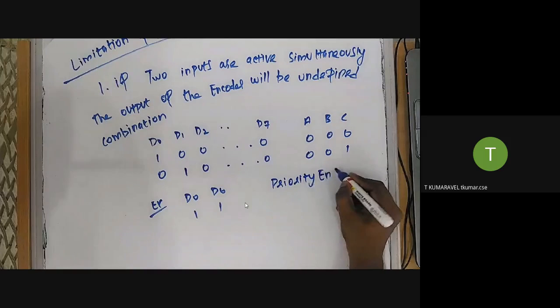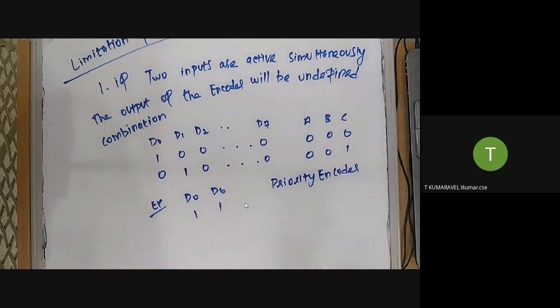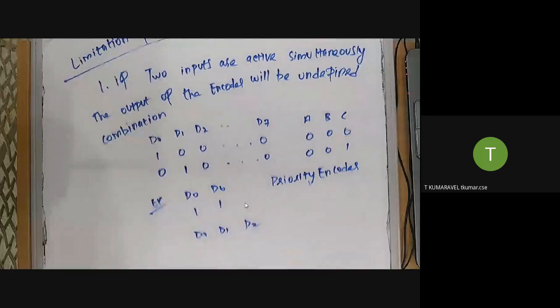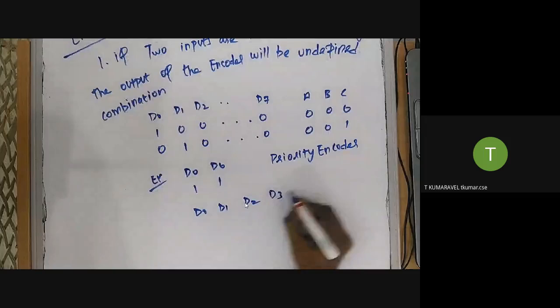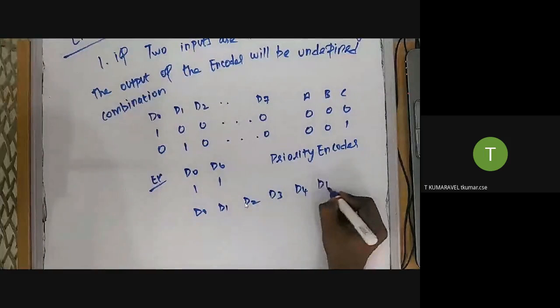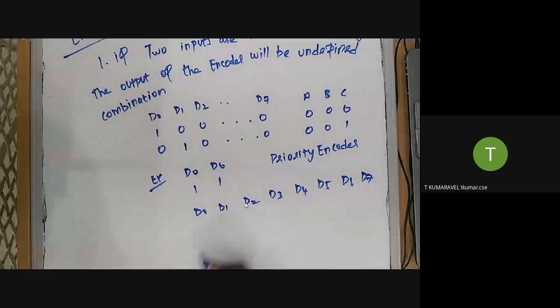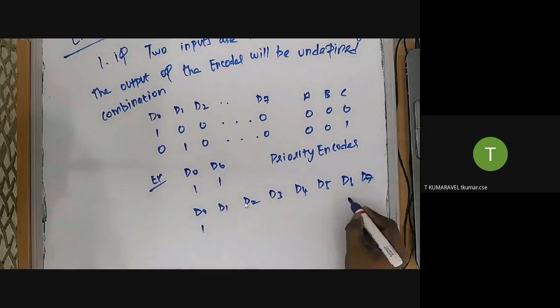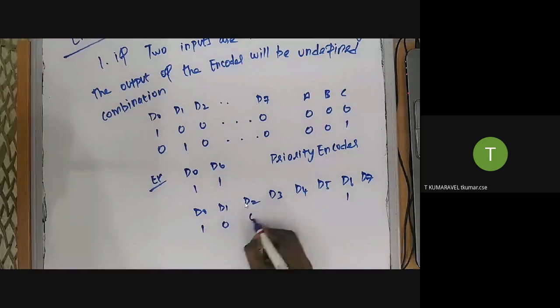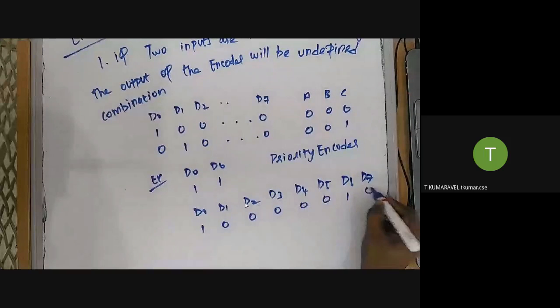What is the priority encoder going to do? Suppose I take one input combination D0, D1, D2, D3, D4, D5, D6, and D7. Suppose two bits are active at a time; in that case the output is undefined.